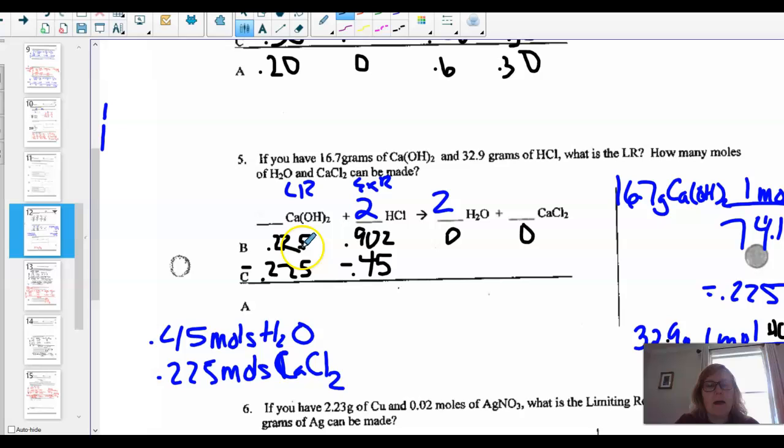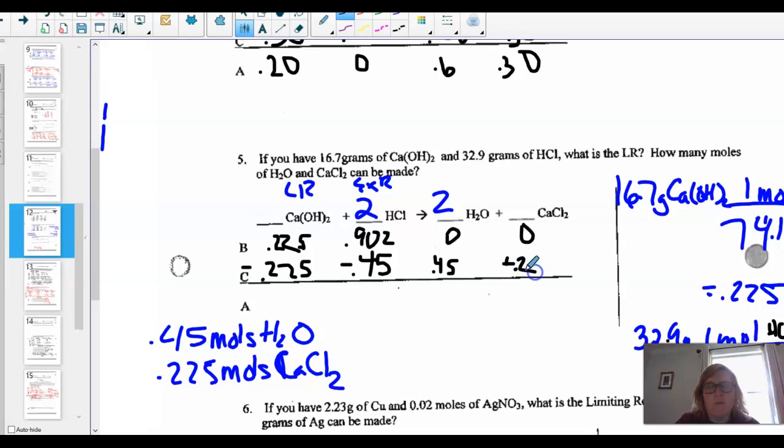Since calcium hydroxide is my limiting reactant, I'm going to use that value to determine my products. So 0.225, divide by 1, multiply by 2 will give me 0.45. And 0.225, divide by 1, multiply by 1 will give me 0.225. They're both pluses.